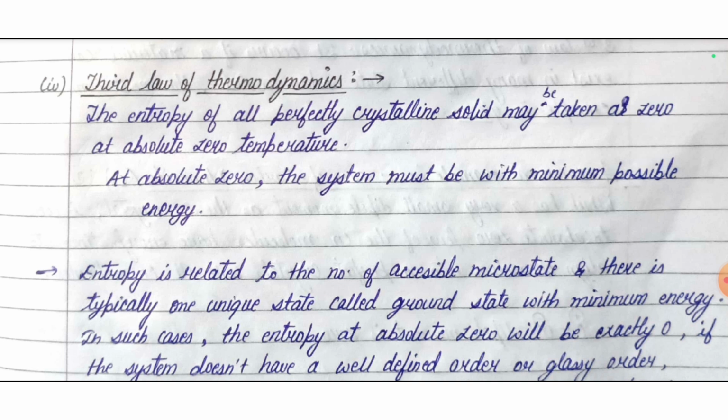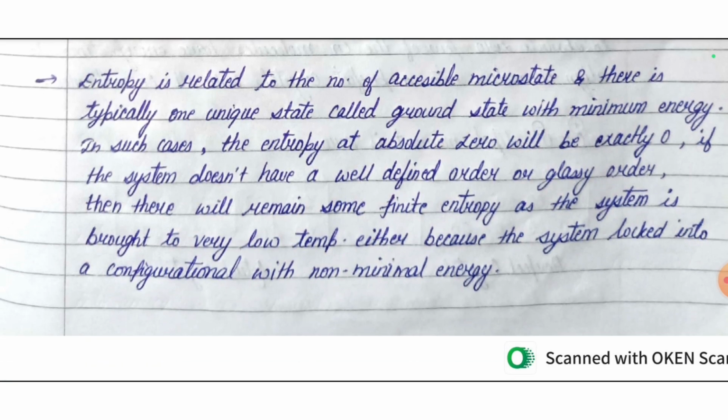Third law of thermodynamics: the entropy of all perfectly crystalline solids may be taken as zero at absolute zero temperature. At absolute zero, the system must be with minimum possible energy. Entropy is related to the number of accessible microstates, and there is typically one unique state called the ground state with minimum energy.